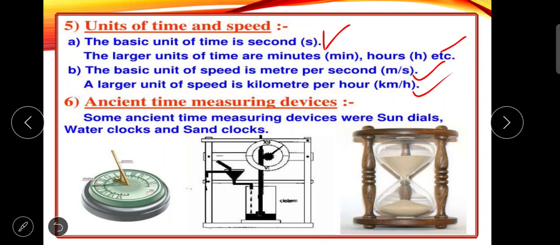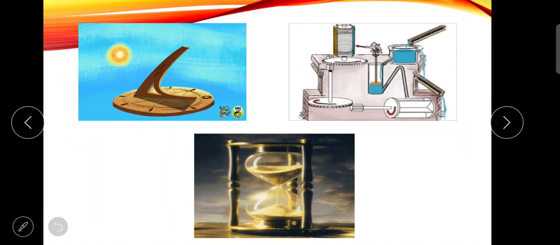People were using those devices to calculate the time. Here you can see these examples: the shadow, the movement of water, and the movement of sand. They were able to calculate the time.